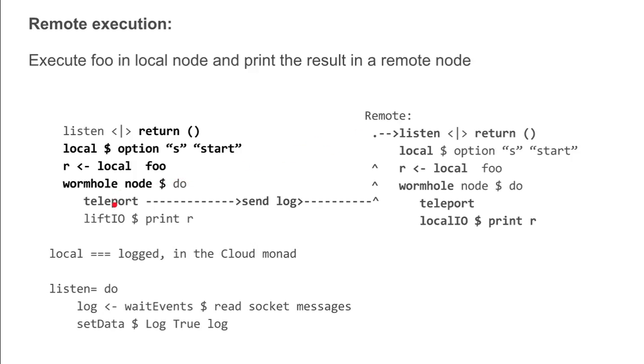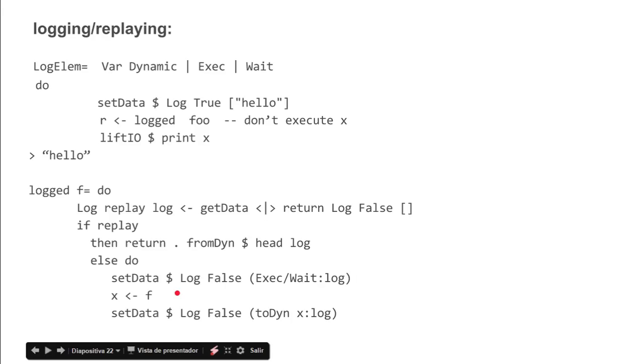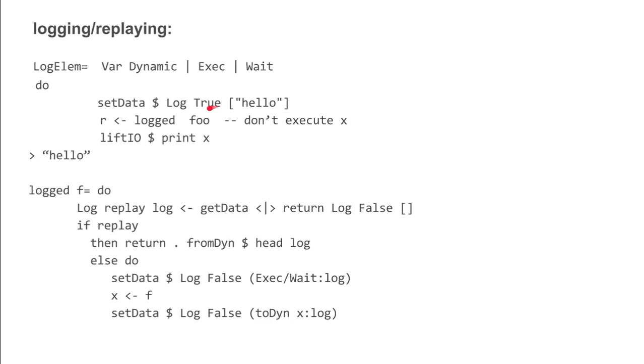Teleport shall send the log to listen in the remote node which is waiting on the socket. Listen shall establish the log received as active using the flag true in the state data.